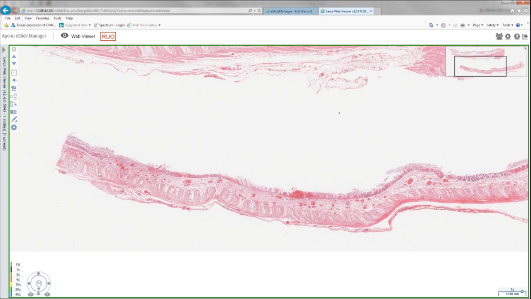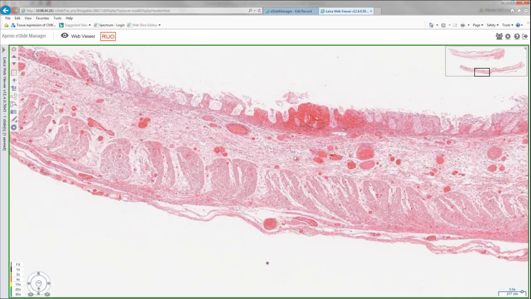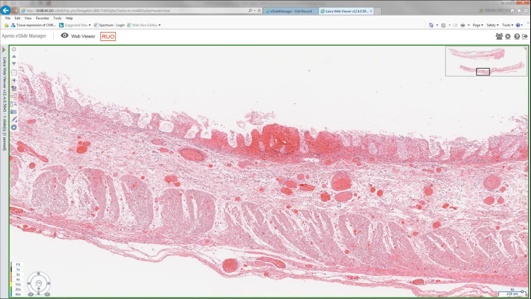But from the histologic perspective, we can see how the wall here is pretty thin. There's actually attenuation of the external layer of the muscularis propria. When we get a little closer, we can appreciate that there's marked congestion of capillaries, even extravasated red blood cells or hemorrhagic changes.